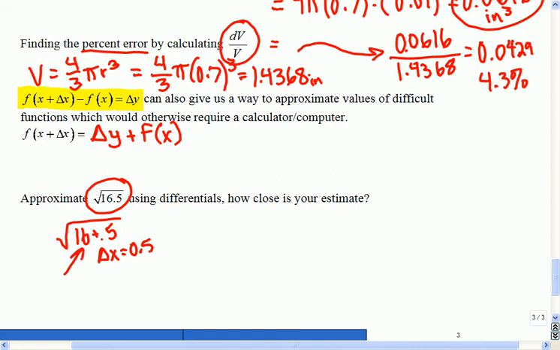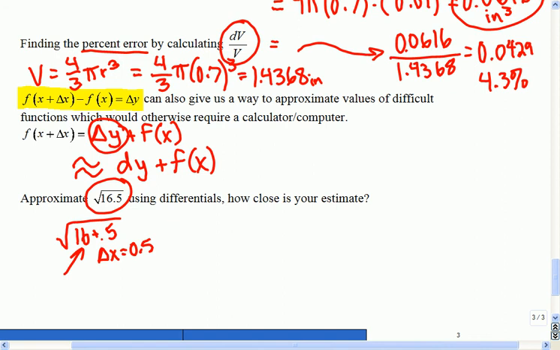But we can't rely on that because we don't have delta y. But what we could do is say that's approximately the differential plus the function. Let me show you how we can get the estimate for the square root of 16.5.